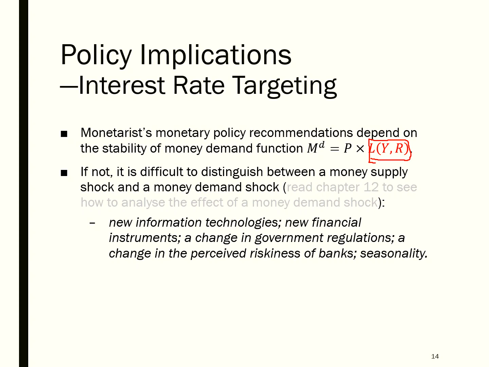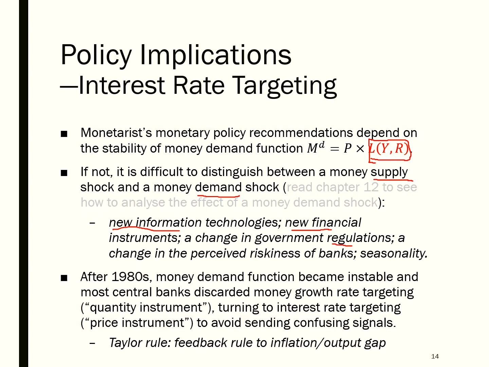So anything like new information technology, new financial instruments, and changes in the regulations will all make the liquidity function very unstable. In practice, after the 1980s, the money demand function became more and more unstable, and most central banks discarded the money growth rate targeting, which is also called a quantity instrument because it relies on the quantity of money supply.